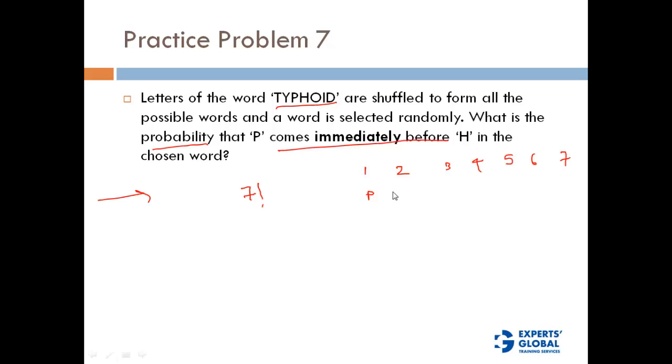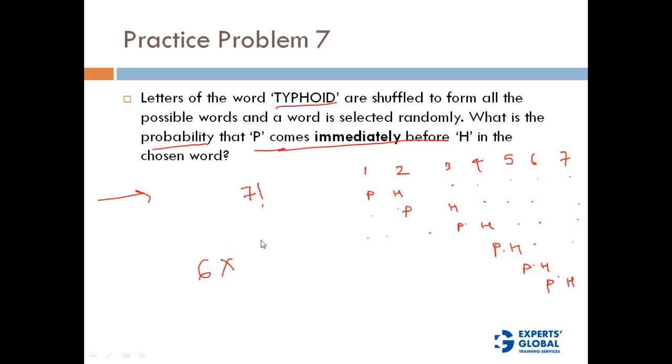So either P, H and some letters here, or P, H and some letters here, and so on, until finally it is P, H at the end. Correct? So how many are there? 1, 2, 3, 4, 5, 6. 6 ways in which this can hold true.